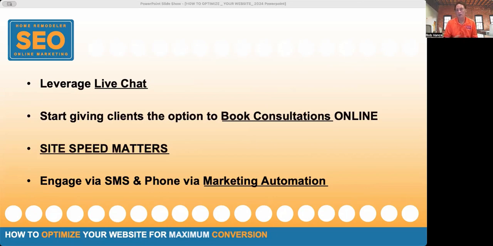You can automate all this stuff and then put them in more automated sequences where you're sending them projects that you're working on, maybe some case studies, just some really nice things. All of this can be done through automation, and you can continue running and growing your business while all this is happening. You can have as many steps as you want. You can have 20 emails, texts, all kinds of stuff that go out.